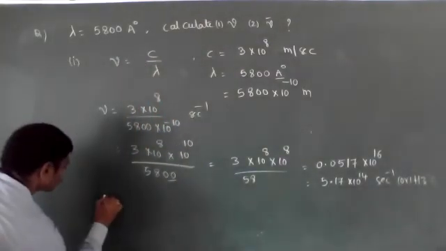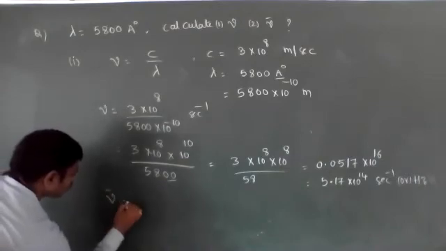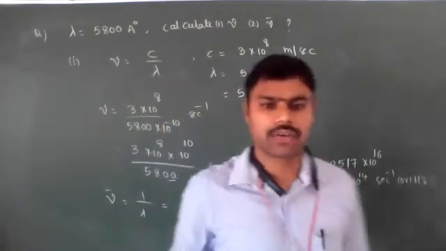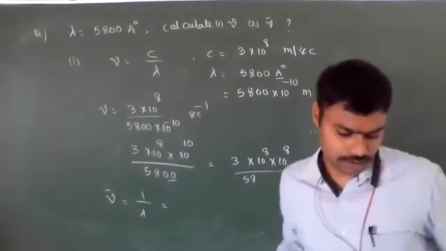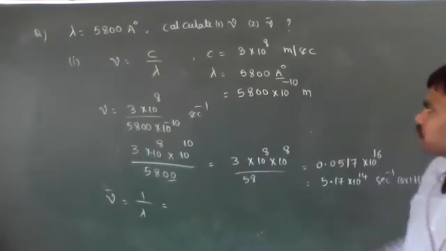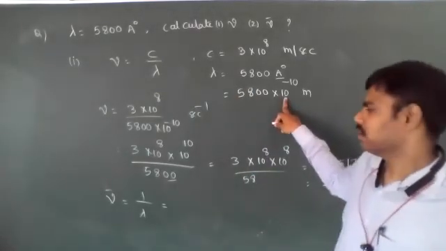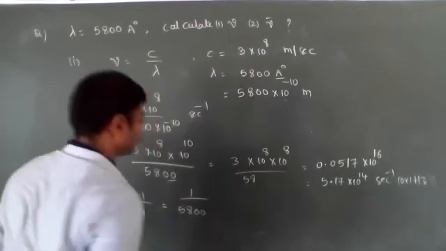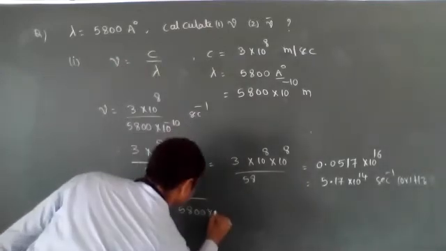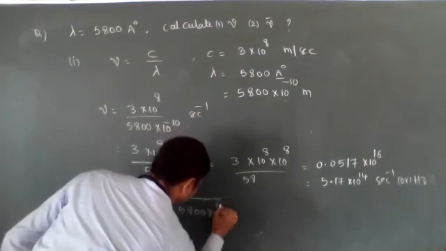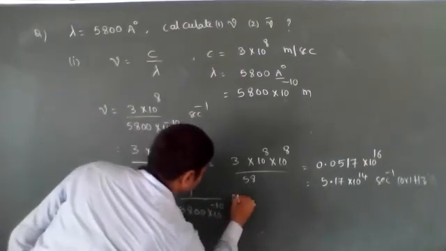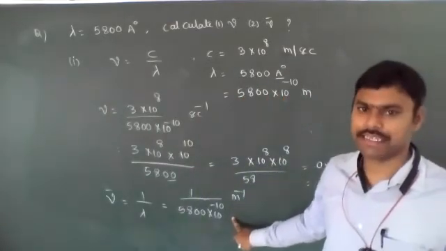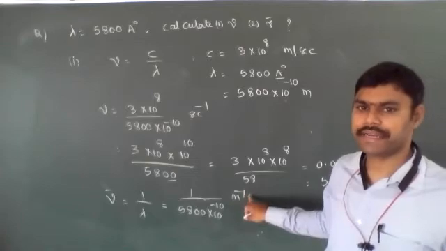The next one is nu bar is equal to 1 by lambda. Directly the lambda value I have to substitute. So 1 by 5800 into 10 to the power of minus 10 meter inverse, because in the denominator meters are present, so per meter means meter inverse.